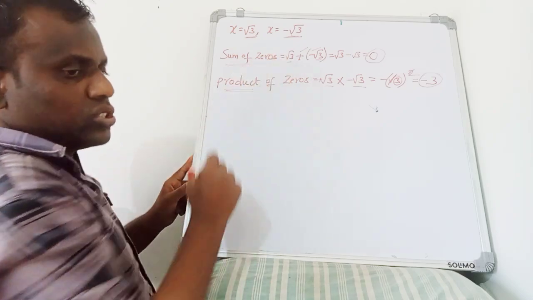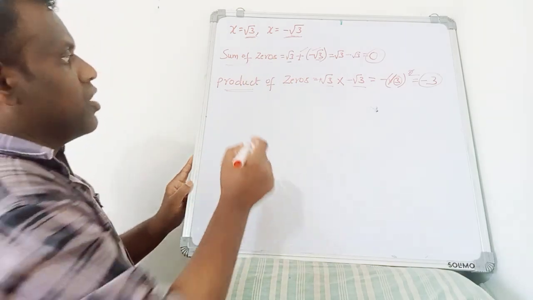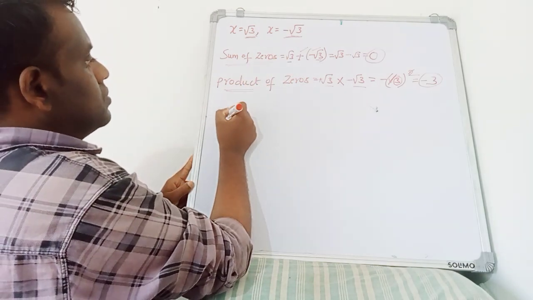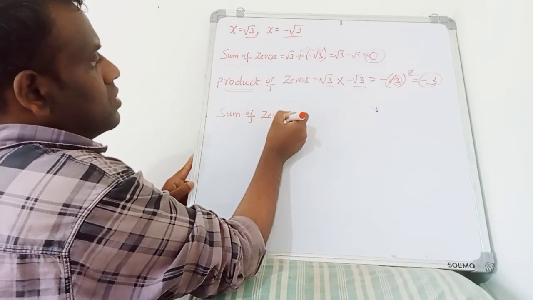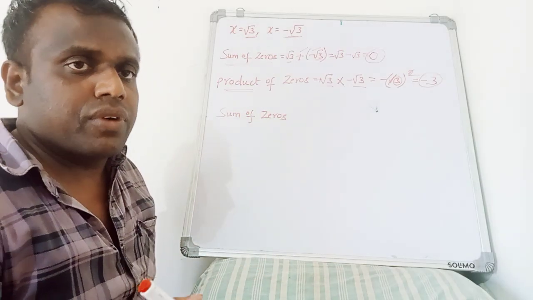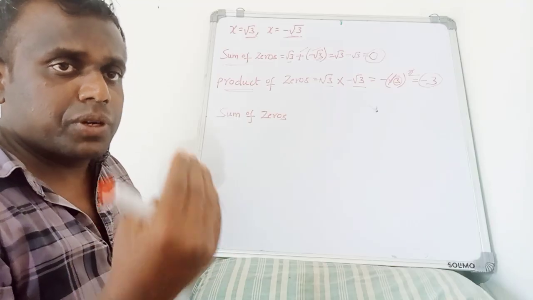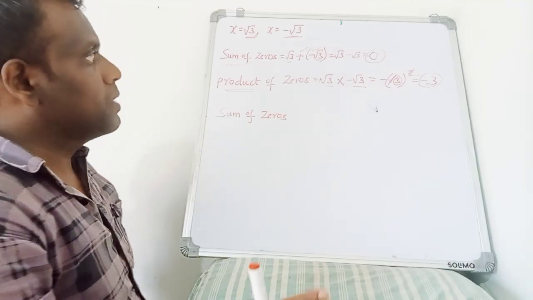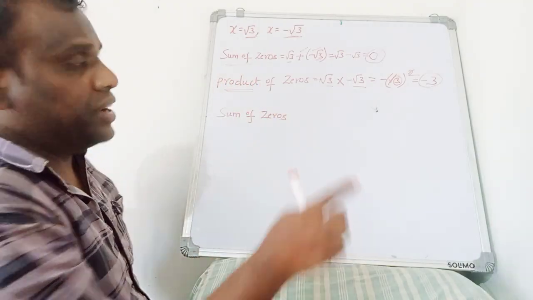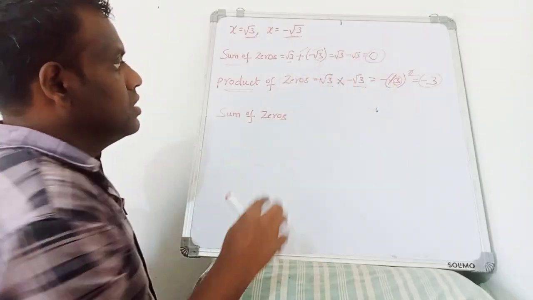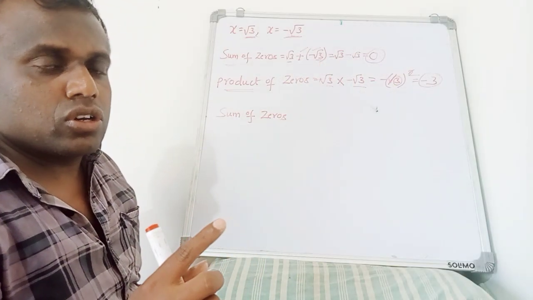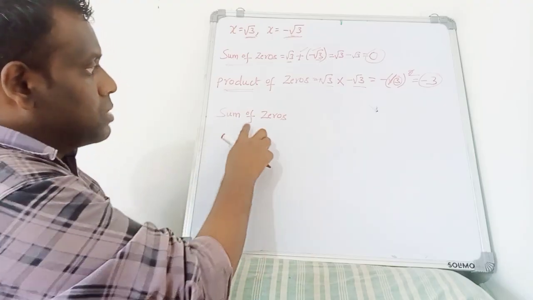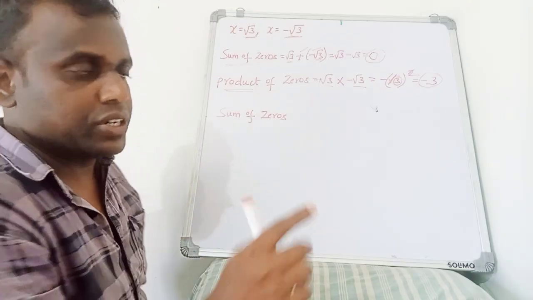For sum of zeros, we have another formula. I will write that. To verify the relationship between zeros and coefficients, first we have to find the sum of zeros like this. Then we have to use the formula for sum of zeros in terms of coefficients.